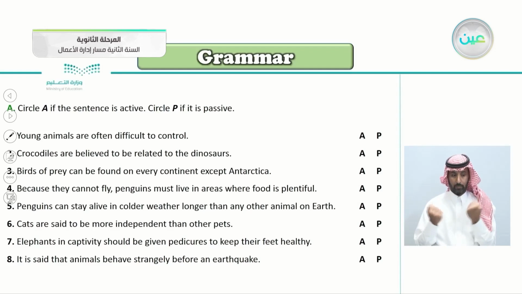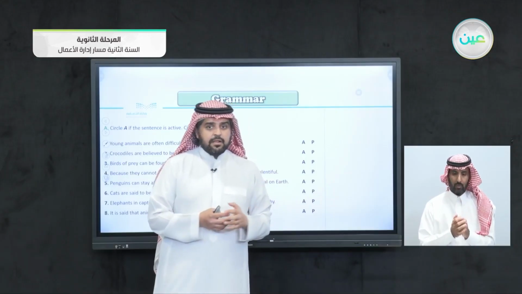Exercise A: circle A if the sentence is active, and P if it is passive. Young animals are often difficult to control. How can you tell if it's active or passive?